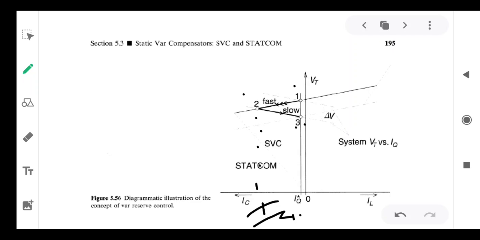Therefore, IC1 is the required reactive current for maintaining the voltage at the required value. So that current is reserved now with the help of the tap changing transformer.